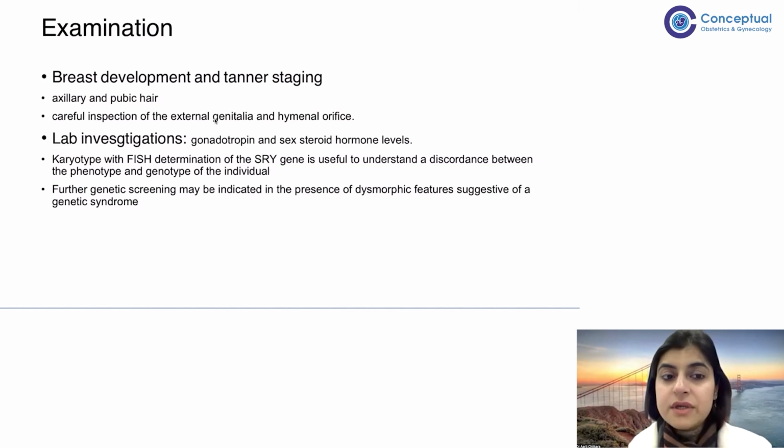Make diagrams. Write down what is the breast Tanner staging for this patient and what is expected of this age. What are the axillary hair and pubic hair like? What is the distribution? Which Tanner staging are they at? So you will know whether the chronological age of the patient is matching with the reproductive age of the patient or not. It will give you an idea.